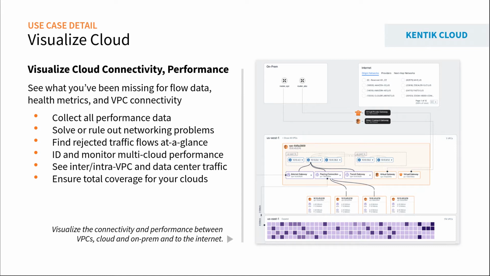So this is something that people have been asking for a long time, to be able to visualize how everything's connected and what the traffic is on all of these different pieces of your cloud environment.